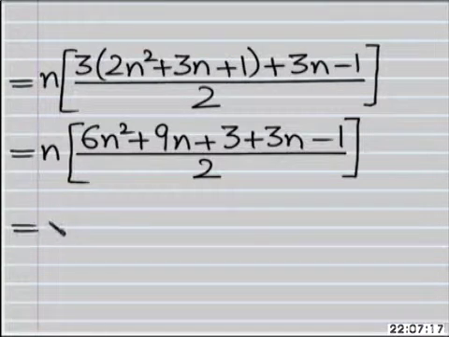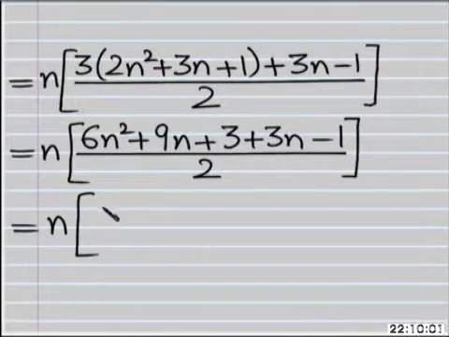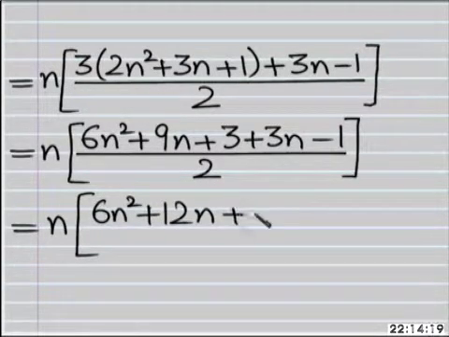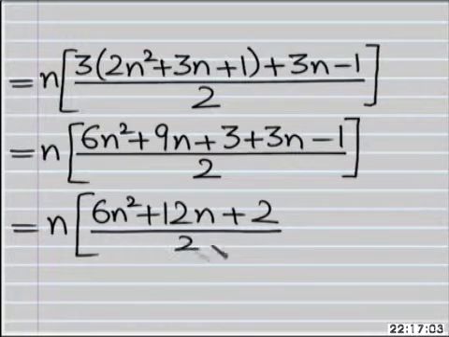This is further equal to n whole multiplied by 6 into n square plus 12 into n plus 2 whole divided by 2.